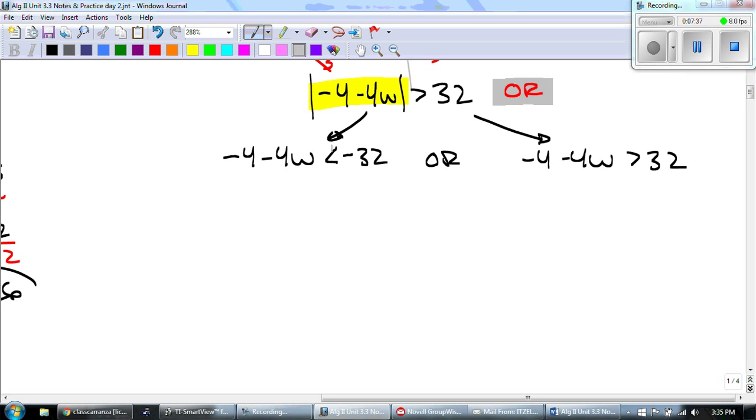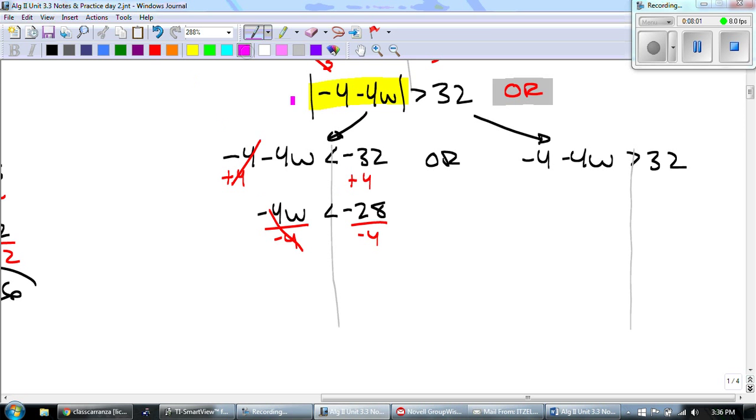Okay. Add 4 to both sides. We get -4w is less than -28. And then I need to divide by -4.